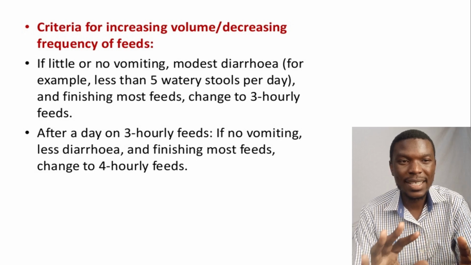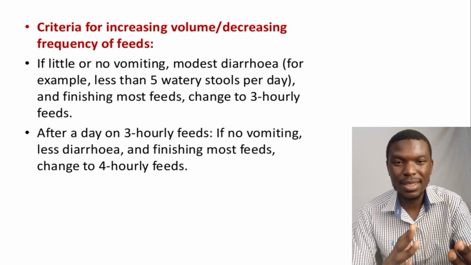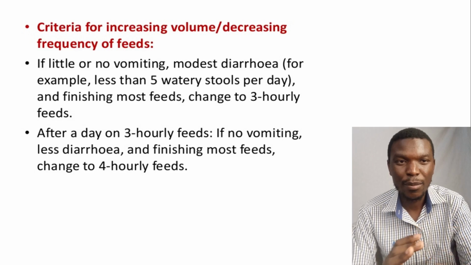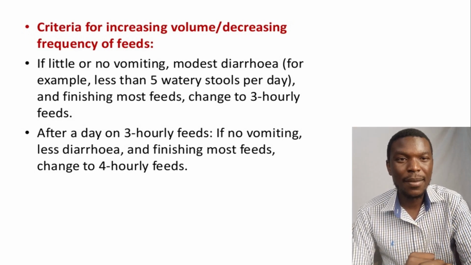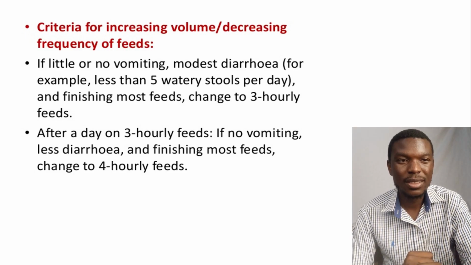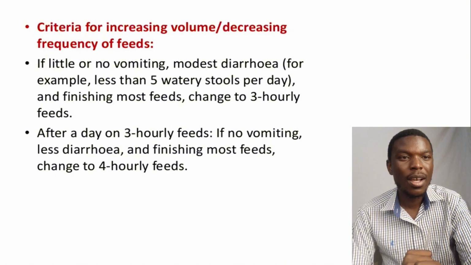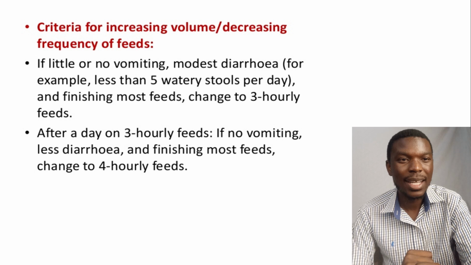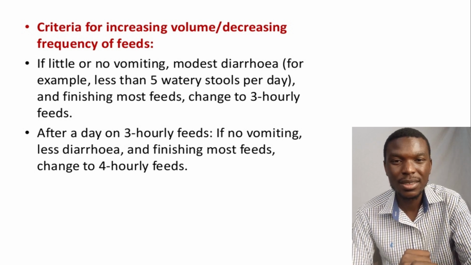So here are some of the criteria that you can use to increase or decrease this feed. If little or no vomiting, modest diarrhea, for example, less than 5 watery stools per day, and finishing most of the feeds, change to 3-hour feed.